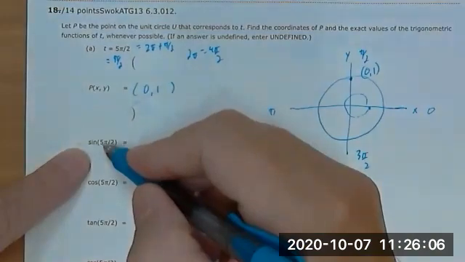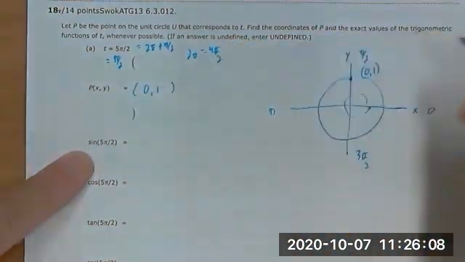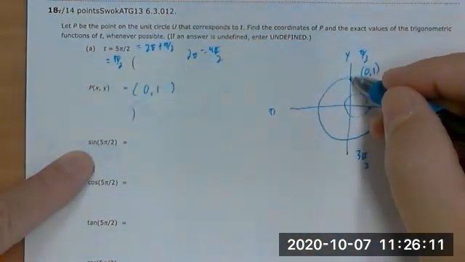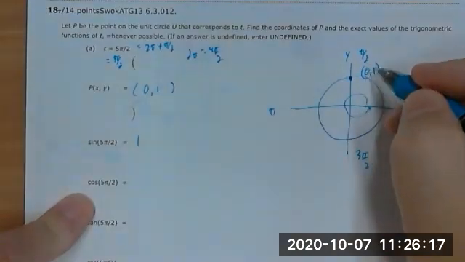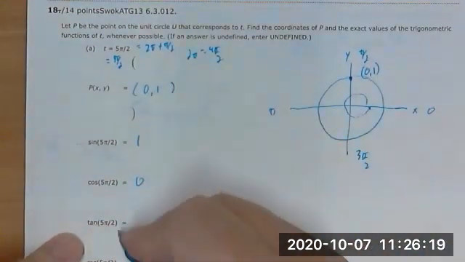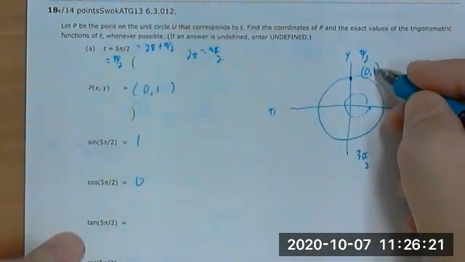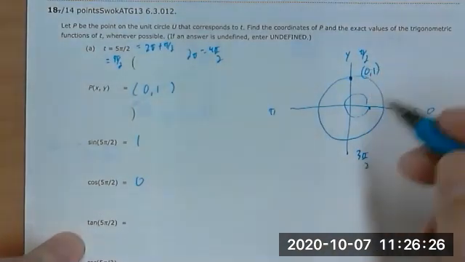Well, the sine is the value of y, right? On the unit circle, whatever angle you're at, the sine is the value of y, which is 1. The cosine is the value of x, which is 0. The tangent is sine over cosine. You can think of it as y over x.